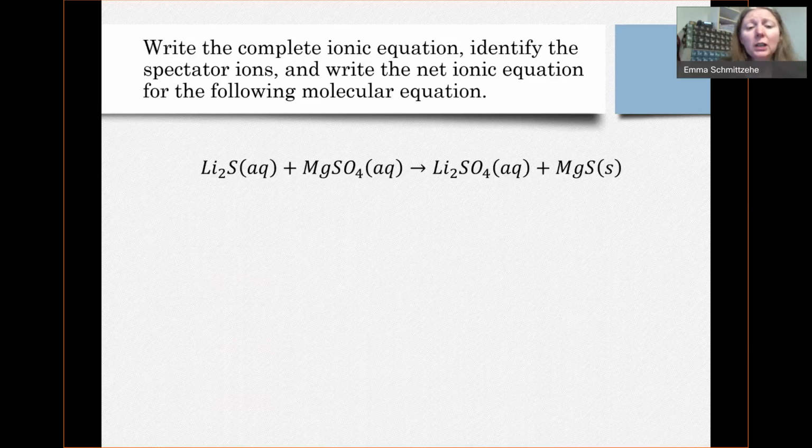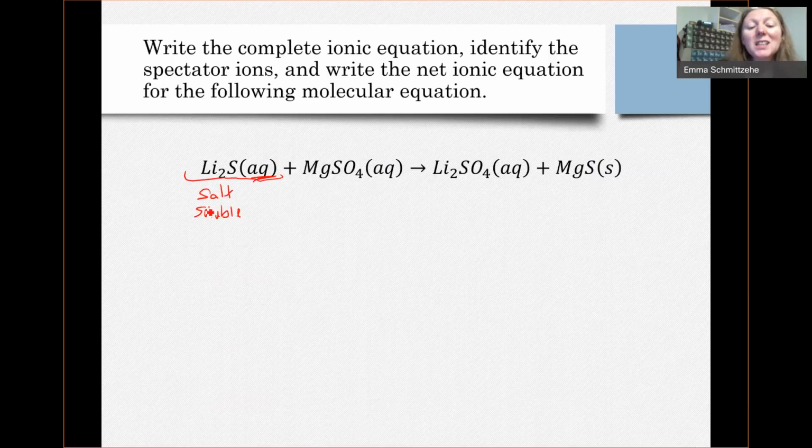First, you should identify the strong electrolytes, or just identify what type of electrolyte everything is. I'm going to go through and do that. This first compound is an ionic compound or a salt, because it's a metal and non-metal. I also know it's soluble, because the phase is already given to me.